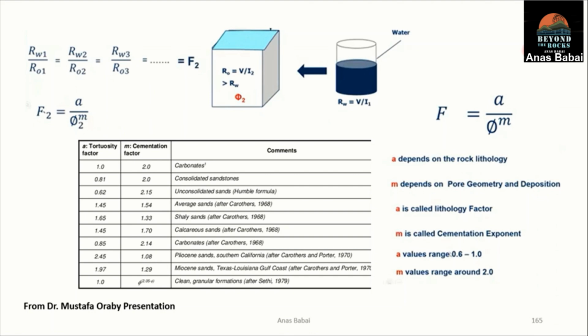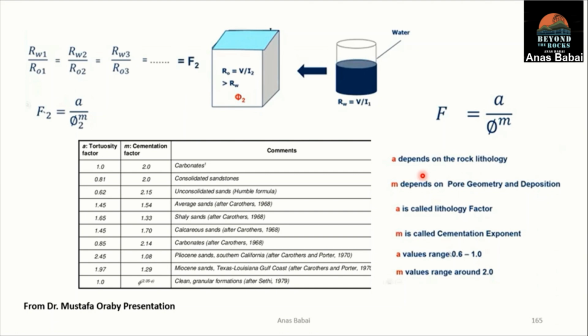Now let's see what A and m are. He found that A, which he called the lithology factor or tortuosity factor, depends on the lithology, in the sense that it describes how the fluids move through the pore spaces of the specific lithology.